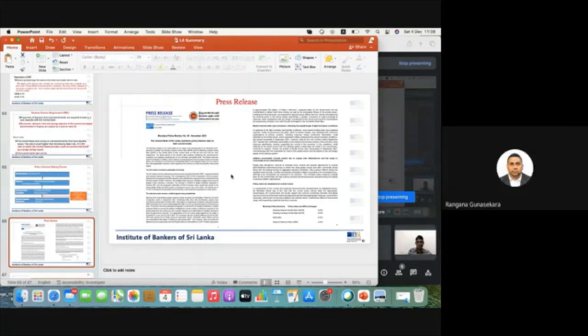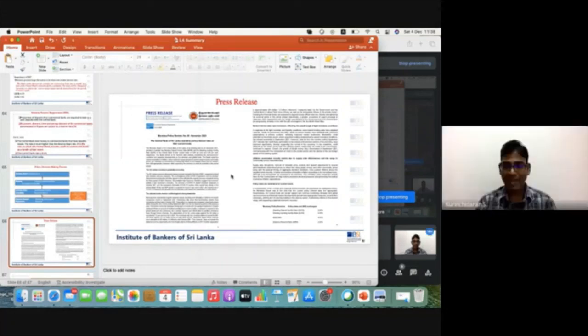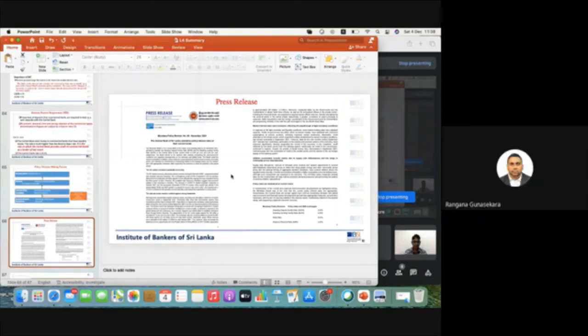Just to clarify, sir, if the bank has excess funds and they go and deposit at the central bank, they get 5%, is it correct?